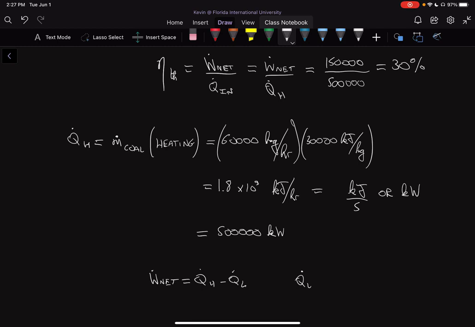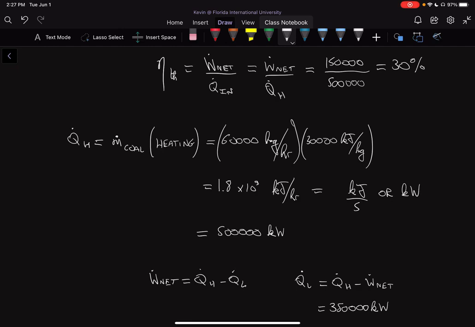So you would have Q dot L is equal to Q dot H minus work dot net, whatever's left over, essentially. So for this, you would have 350,000 kilowatts. Okay, that's just extra information on the problem.